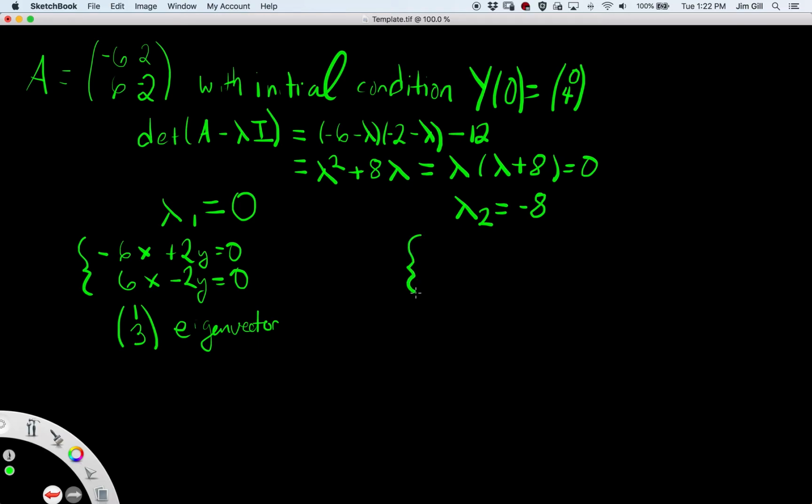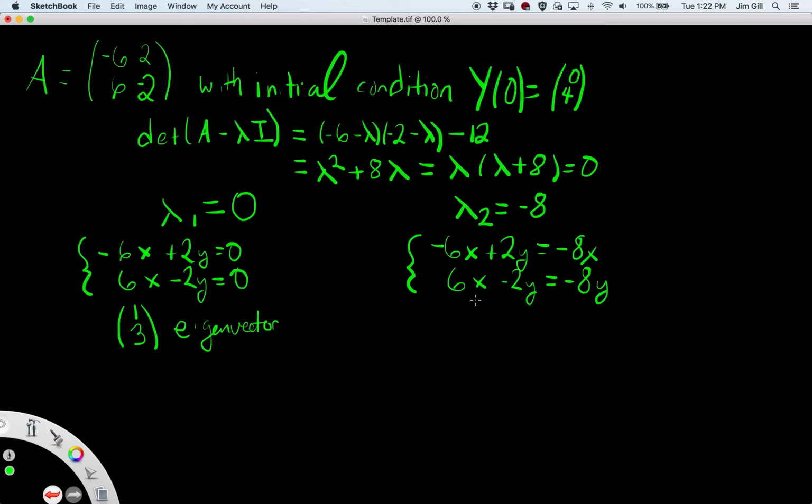Now let's look at lambda 2. The system we need to solve there is -6x plus 2y is equal to -8x, and 6x minus 2y is equal to -8y. Why? Because -8 is the eigenvalue.